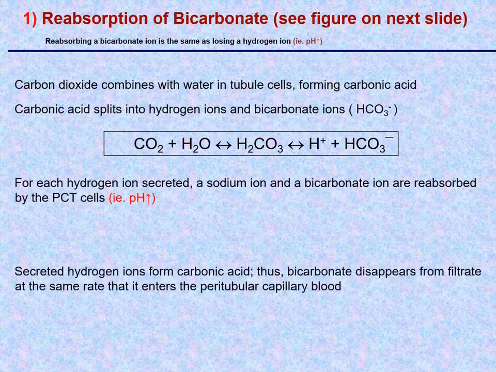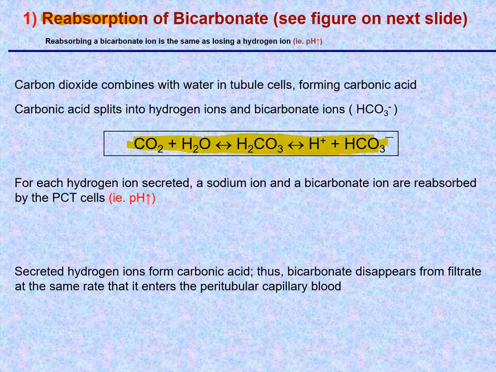Let's look at reabsorption of bicarb. All of these things are happening within the tubular system of the kidneys. This equation, of course, is key: carbon dioxide combining with water to form carbonic acid, dissociating to hydrogen ions and bicarb.